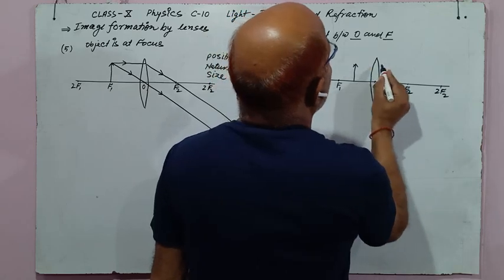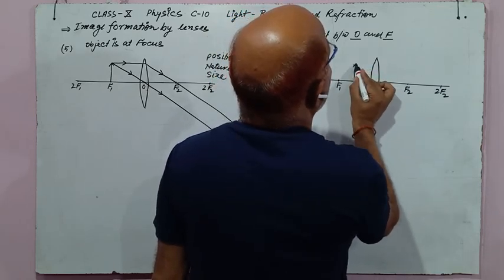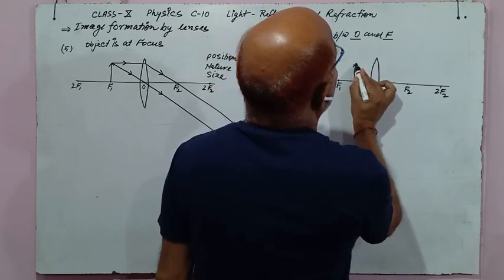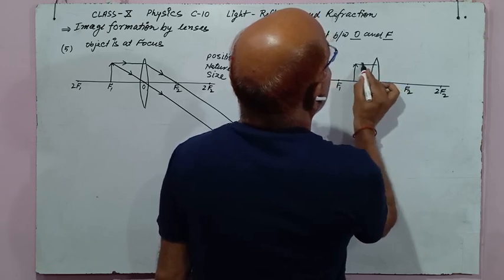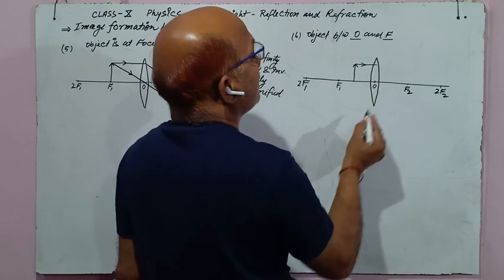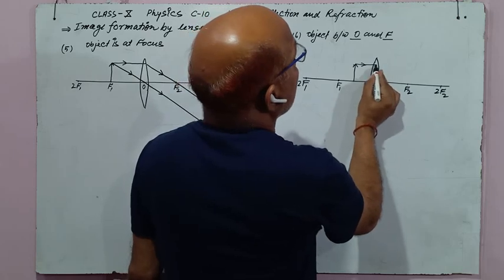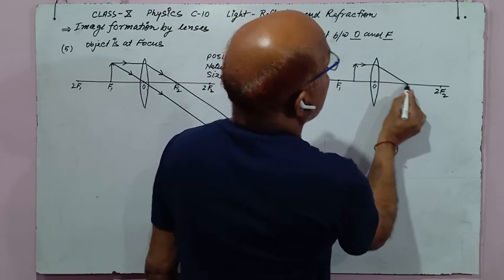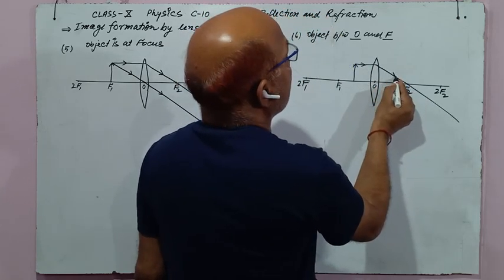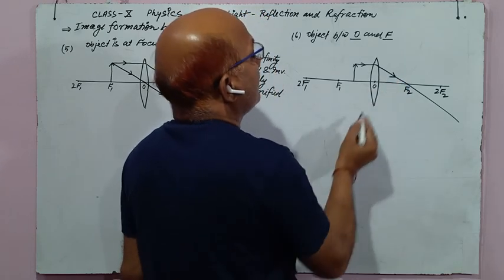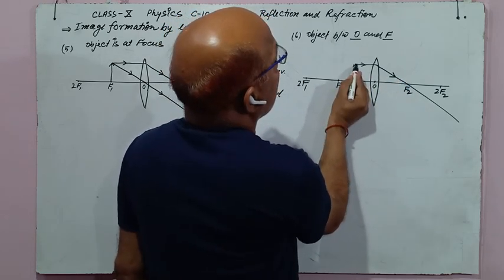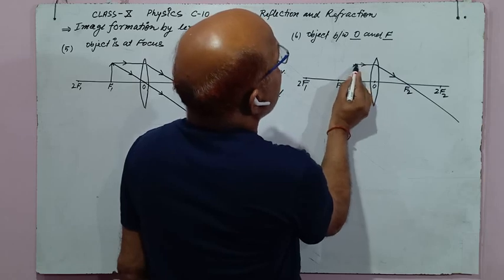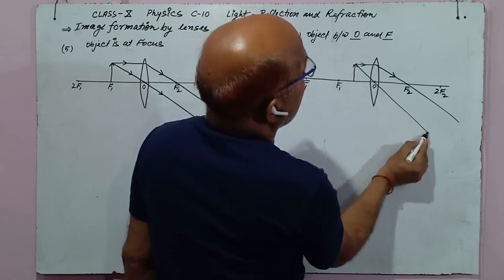So we will draw one ray parallel to the principal axis like this, and it will pass through the focus. So pass it through the focus, and now draw another ray passing through optical center like this.